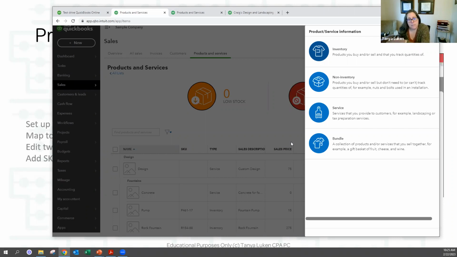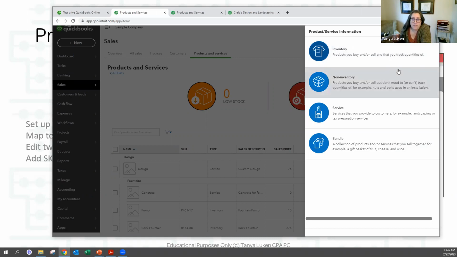So I would only set up inventory if I truly had products that I sold or component parts that I assembled into a product that I sold. Okay. So those of you that have restaurants and things like that, or if you're not a retail store, I wouldn't necessarily set up inventory. Okay.